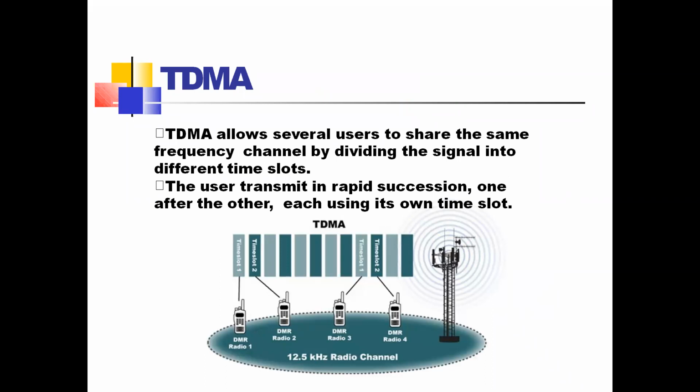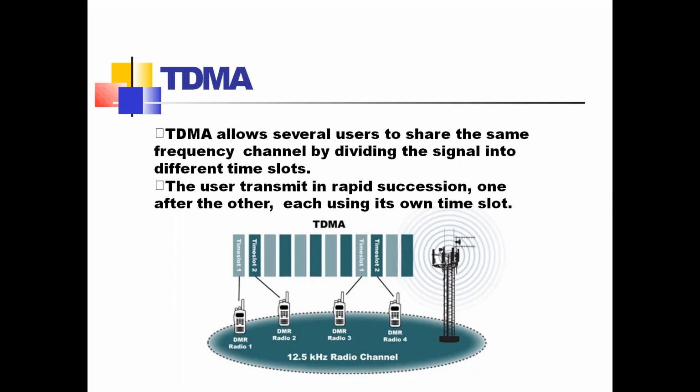TDMA is nothing but time division multiple access. This TDMA allows the same frequency channel to be used by different users at different time slots. That means time is divided, frequency is the same. This is called time division multiple access.